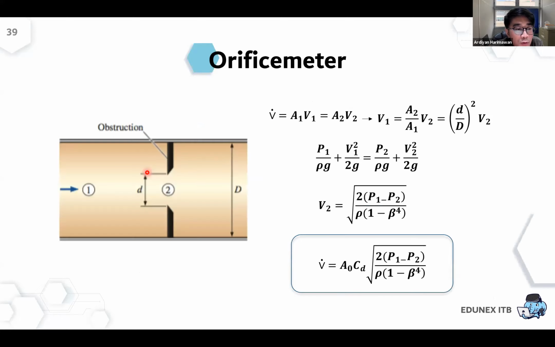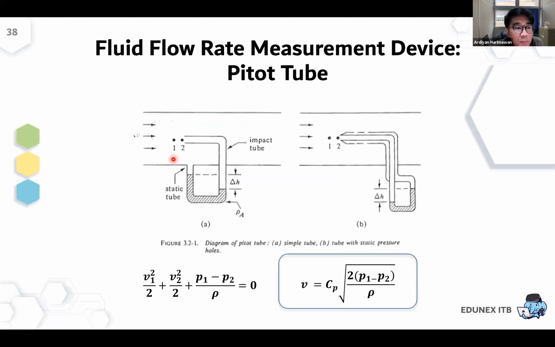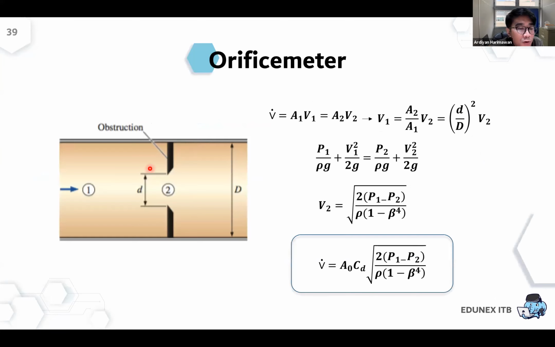If you have a velocity decrease, it means the pressure will increase, and vice versa. In this one, point 2 will have 0 velocity, so we have higher pressure at point 2. While for the orifice, you have higher velocity at point 2, which means you have lower pressure at point 2 compared to point 1.